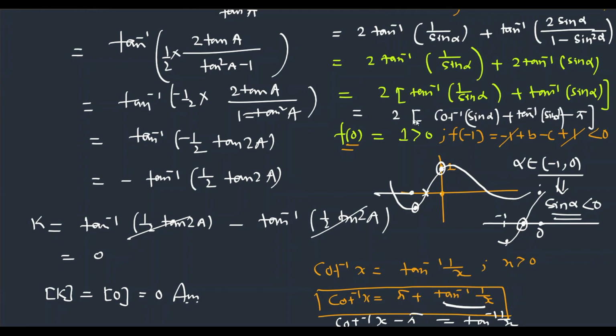Now cot inverse of sine alpha plus tan inverse of sine alpha, the input is the same, and cot inverse x plus tan inverse x is pi by 2. So pi by 2 minus pi gives minus pi by 2. So the answer will be 2 times minus pi by 2, that means minus pi. Now it is clear.